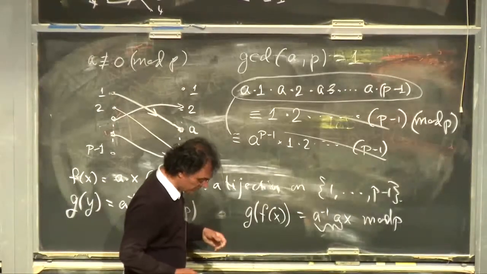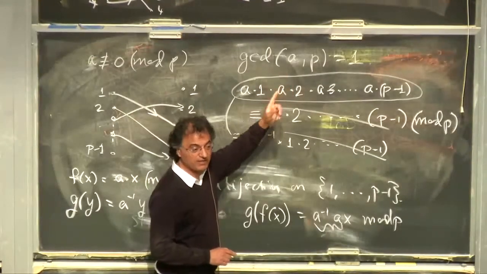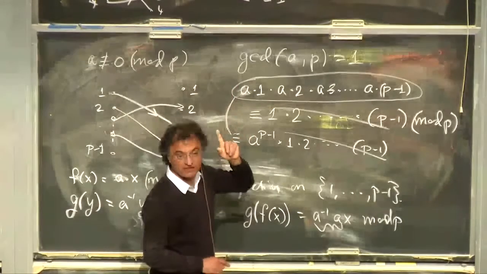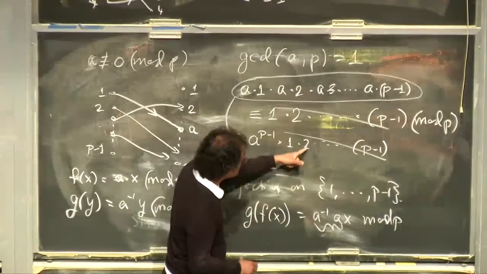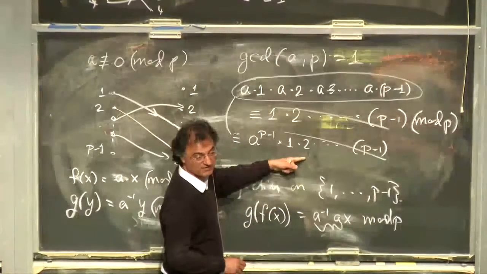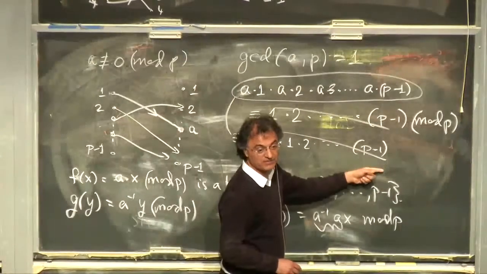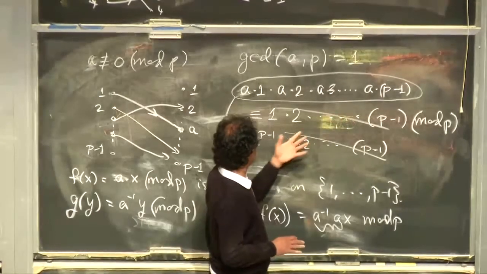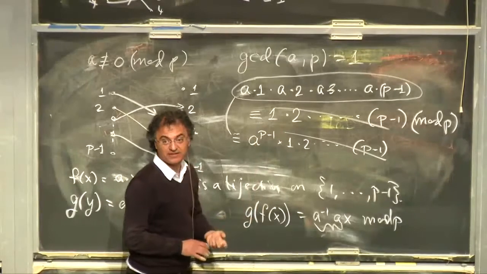So it looks okay, doesn't it? Because p is a prime, everything which is not 0 mod p has GCD 1 with p. If it has GCD 1 with p, then there's an inverse. So you can cancel 2's from both sides because 2 has an inverse. You can cancel 3's, you can cancel 4's, you can cancel all the way to p minus 1. So it's okay to cancel all of these. So once you cancel all of these, all you're left with is a to the p minus 1 is congruent to 1. And that's Fermat's little theorem.